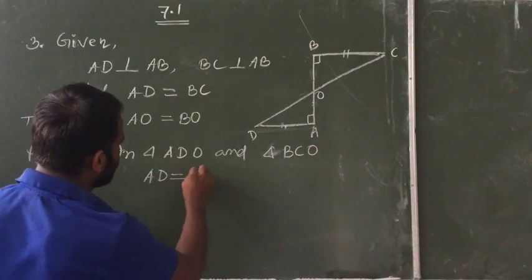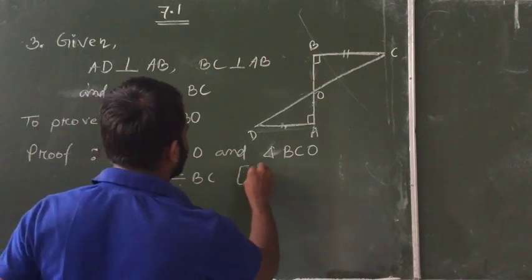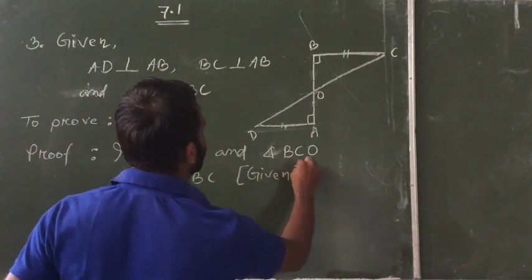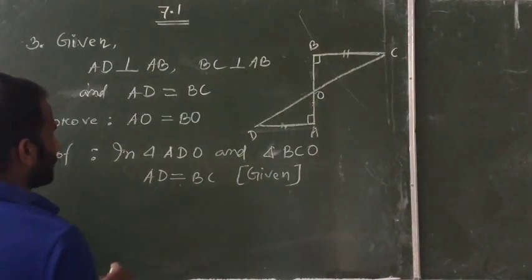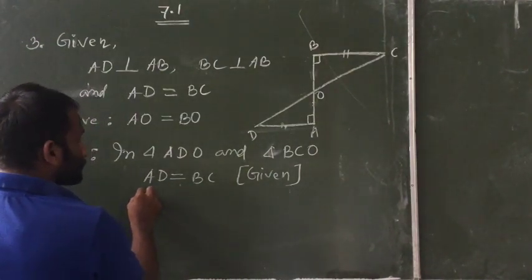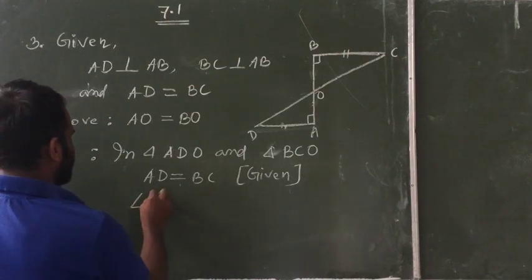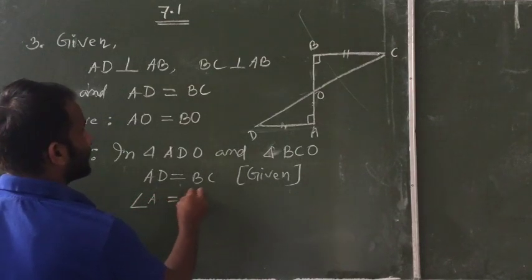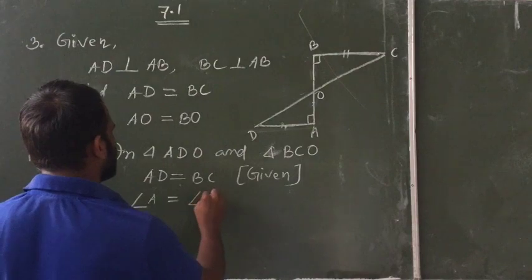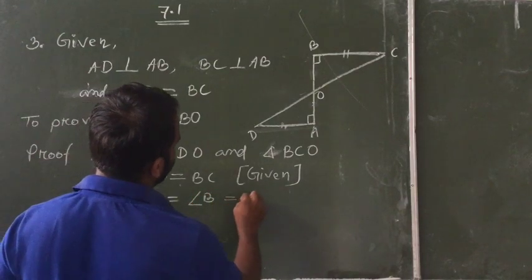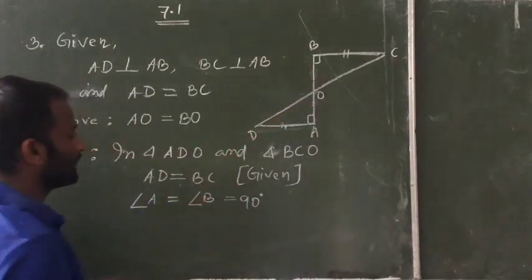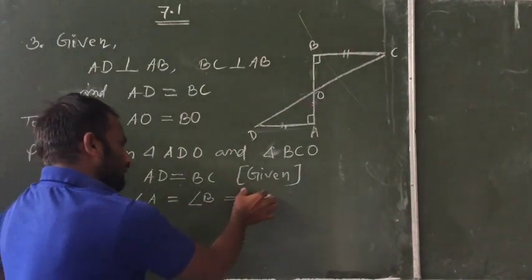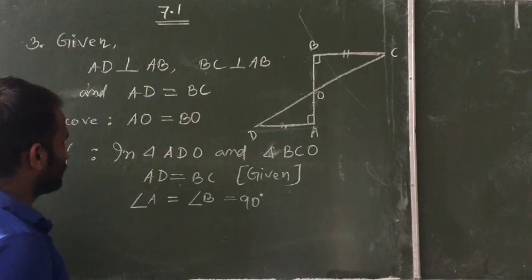AD is equal to BC, given. It is given in the question that equal perpendiculars are said, so AD equals BC. Again, angle A is equal to angle B, both are 90 degrees because they are perpendicular, so both are 90 degrees.